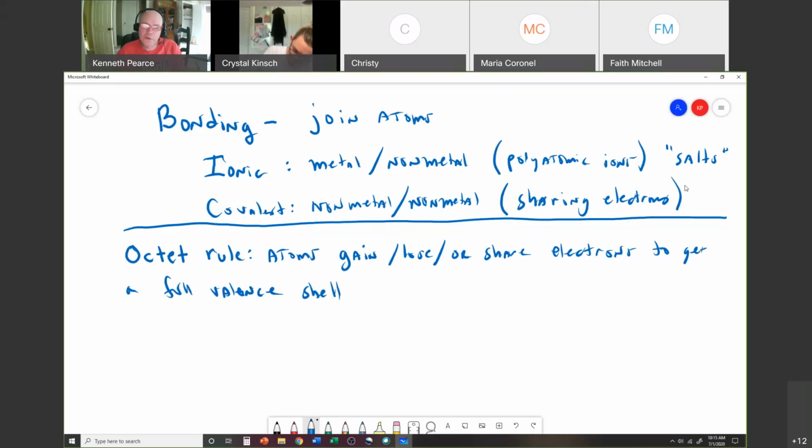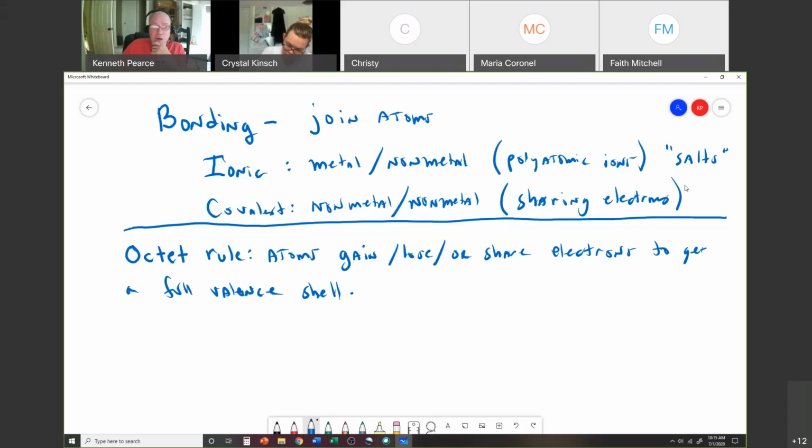Now, this is a little bit different from what the text says. The text says 8 electrons, but you can actually get a full valence shell without there being 8 electrons. It often is 8, but it doesn't have to be 8.